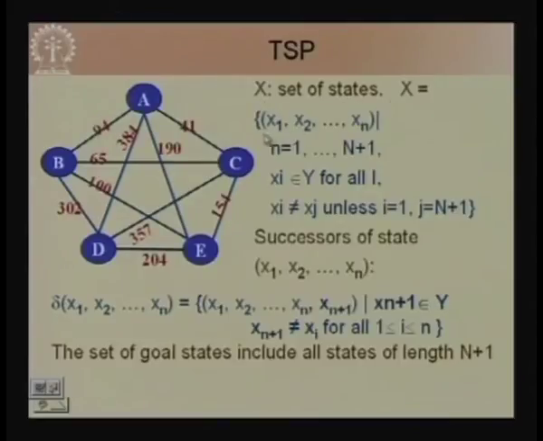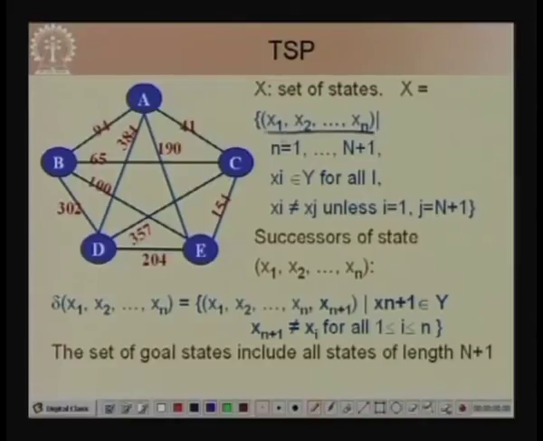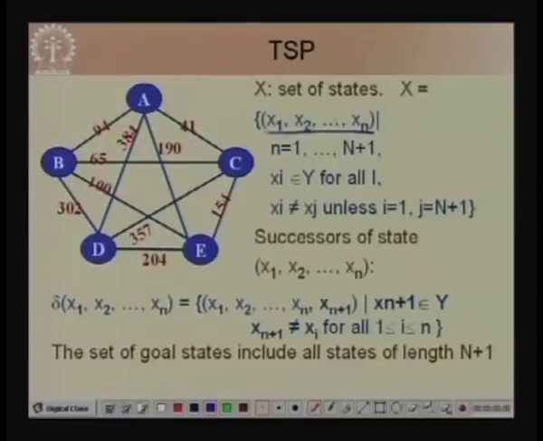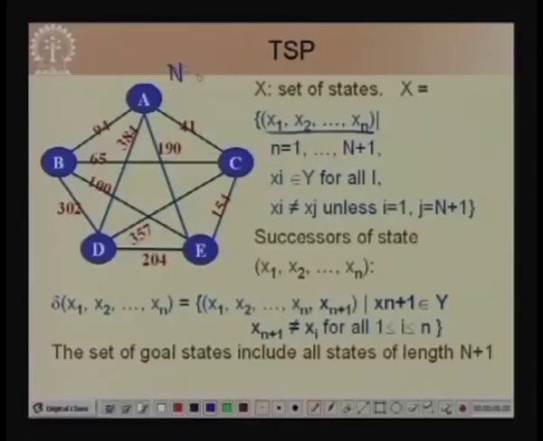So, each state is represented by x1, x2, up to xn. This is a path such that each of these xi corresponds to a city and no two cities are same, that is xi is not equal to xj unless we get the full travelling salesperson tour, that is i equal to 1 and j equal to capital N plus 1, where there are n cities in this TSP problem.